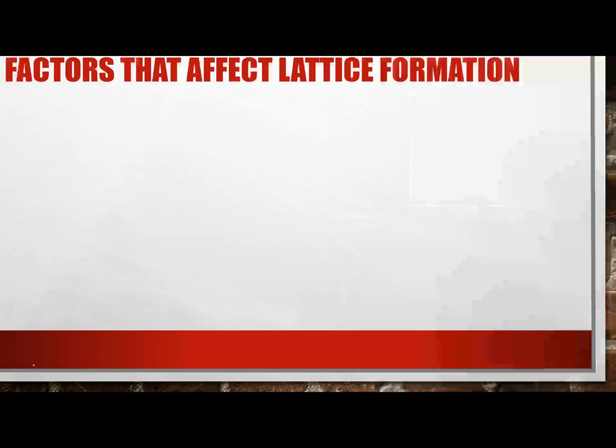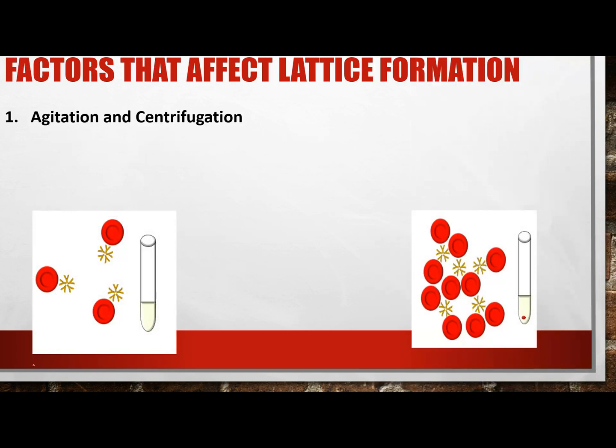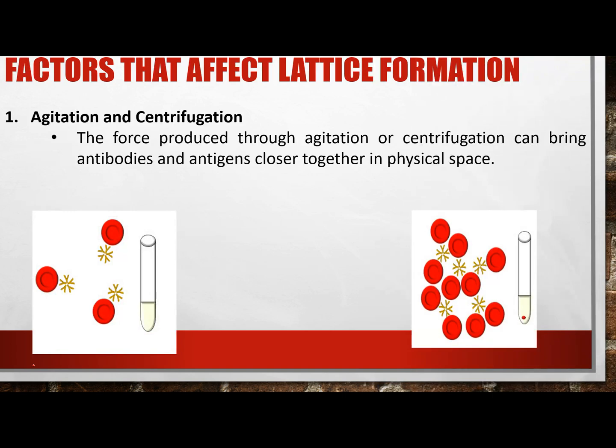Now, let's talk about the factors that would affect lattice formation. We have the first one, agitation and centrifugation. The force produced through agitation or centrifugation can bring antibodies and antigens closer together in physical space. I don't need to explain this, but you get the idea that when you centrifuge, you form a pellet at the bottom.